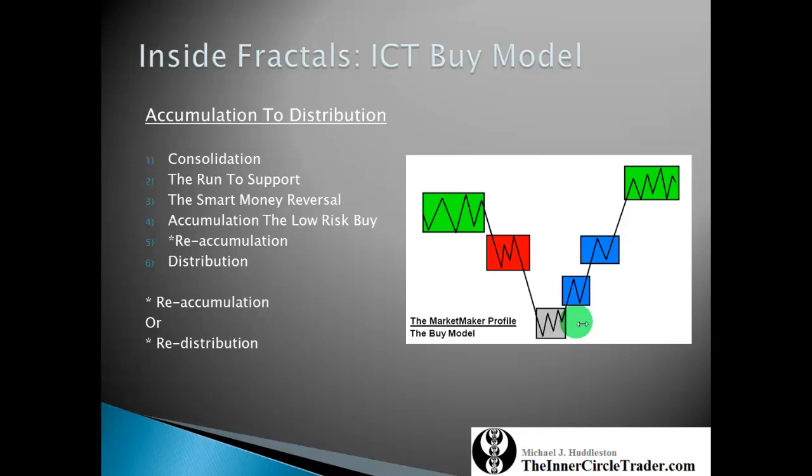So, as I'm describing this, until we actually talk about the ICT kill zones, session specific, that being the London Open, New York Open, London Close and Asian session, those are going to be dealt with later in the series. But for now, just understand the building blocks that make up this pattern and how we can learn to anticipate it in our charts.